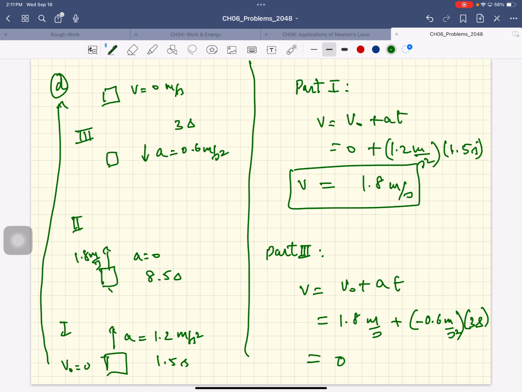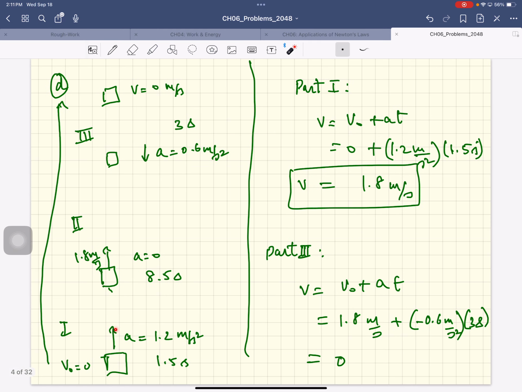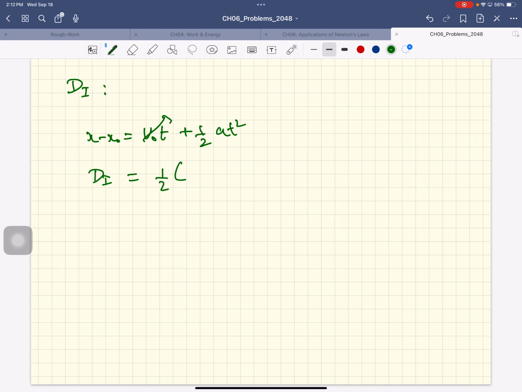Now we'll calculate the distance traveled in each leg. For the first part, your initial velocity was 0, acceleration was 1.2 meters per second squared, time was 1.5 seconds.